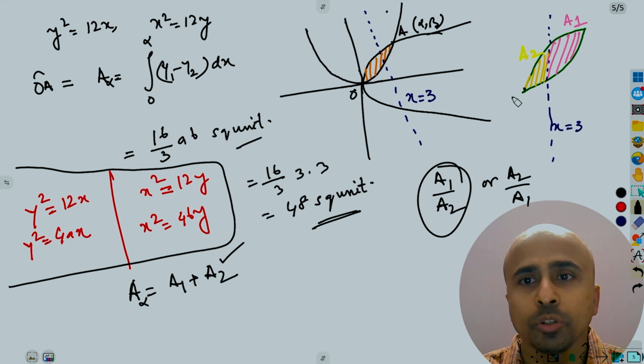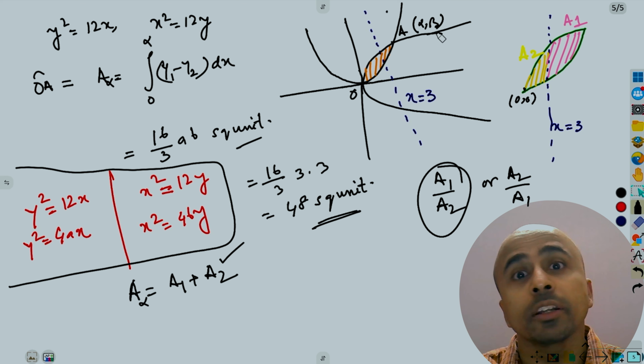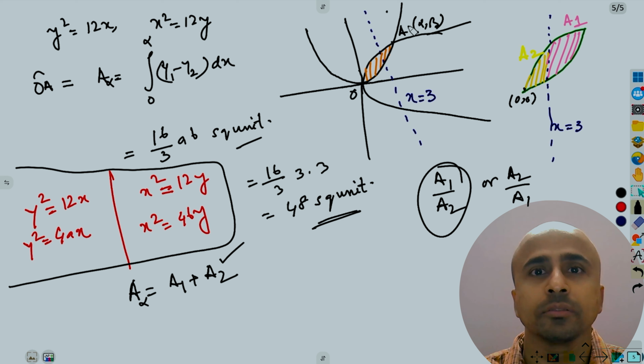Because we know the lower limit. If we attempt to evaluate the area of A1, in that case we know the lower limit, but we don't know the upper limit. We don't know the coordinate of A. We don't know what alpha is, what beta is. We have to evaluate alpha and beta separately.